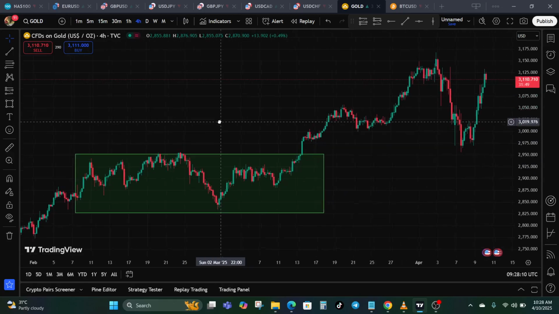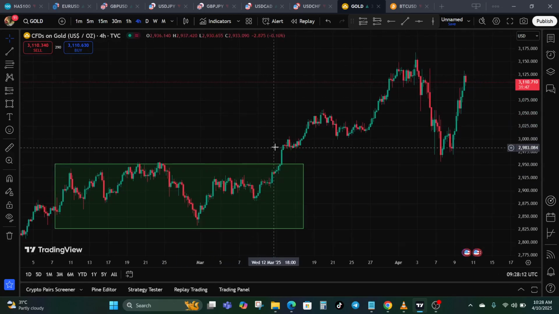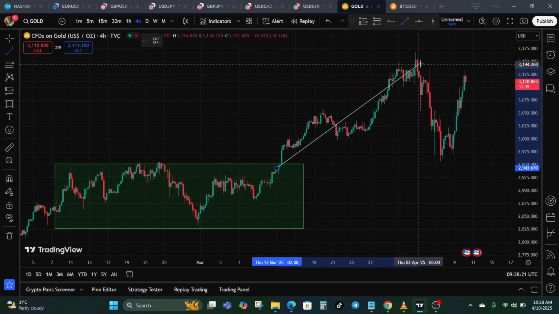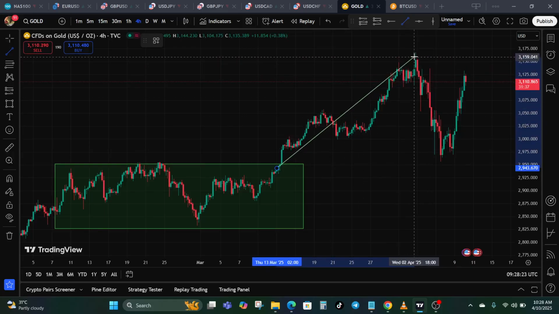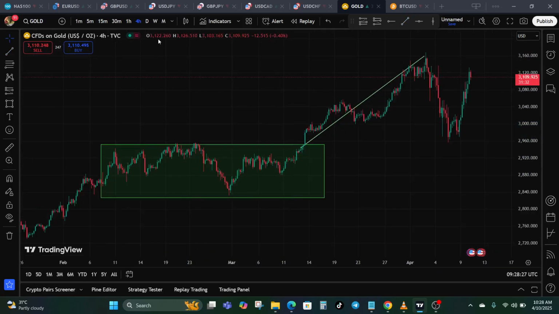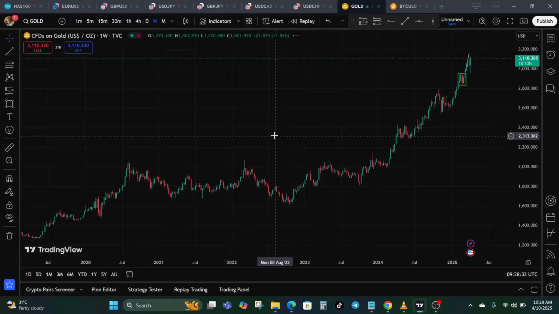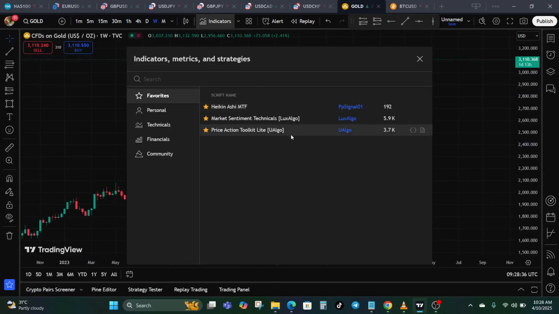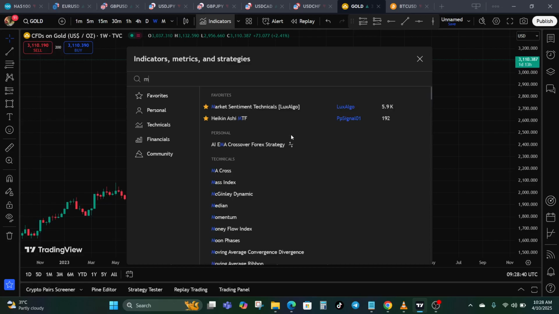Stage 2 is the uptrend. This is the breakout phase. Price starts to climb above, and so we're going to be adding the moving average for this strategy.